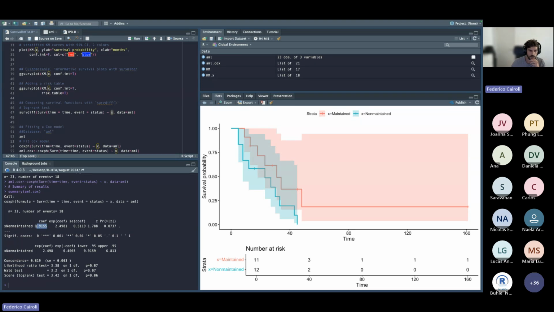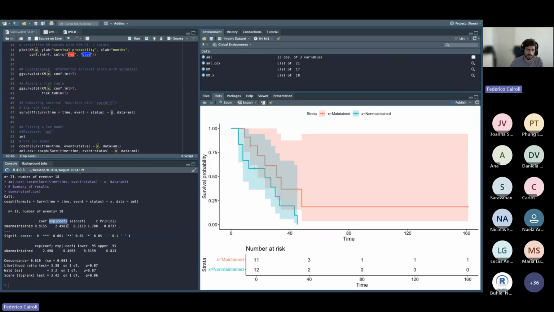The only thing is when you see this value, if it is positive, it means that the hazard ratio will be higher than 1. If this value is negative, the hazard ratio will be lower than 1. And this is the hazard ratio.